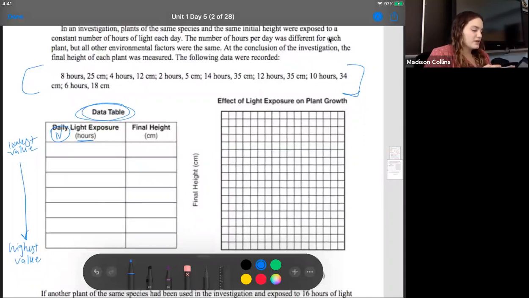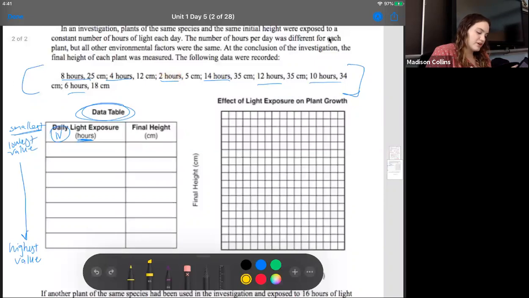So let's go ahead and highlight the hours that we're going to be working with, because that's the first thing we have to sort. We've got 8 hours, 4 hours, 2 hours, 14, 12, 10, and 6. So we want to start with the lowest or the smallest value of hours. So our smallest hour that we're working with here is 2.